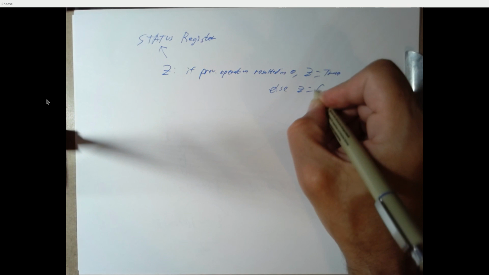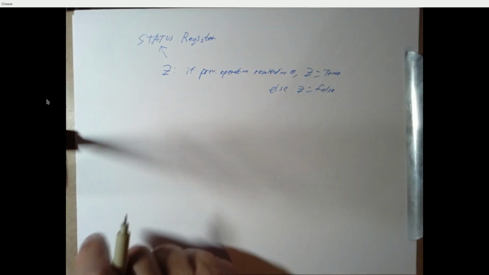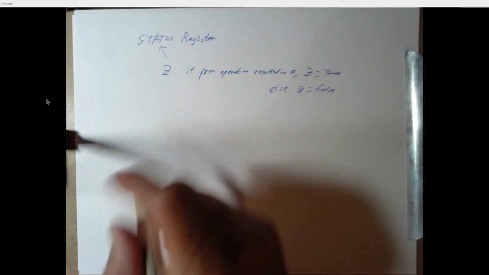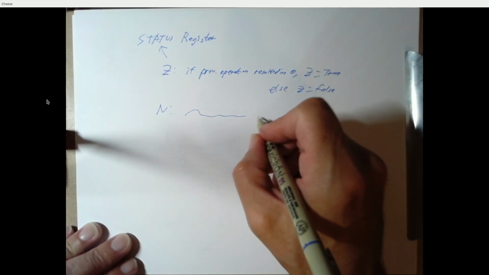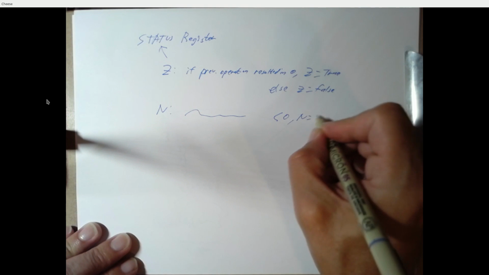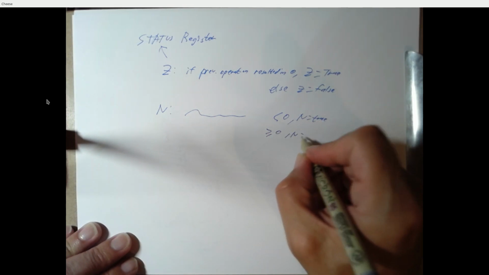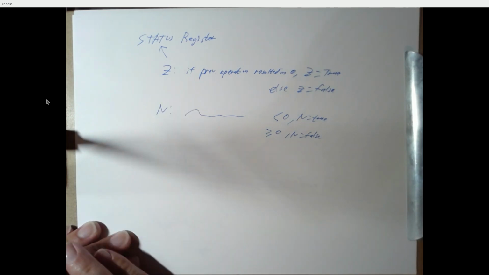Else, Z will be false. So Z tells us if the last thing that we did ended up with a 0 or not. There's a bit called N, which says if the previous operation resulted in something less than 0, N equals true. If it was greater than or equal to 0, N equals false. That's the negative bit. This is the 0 bit.